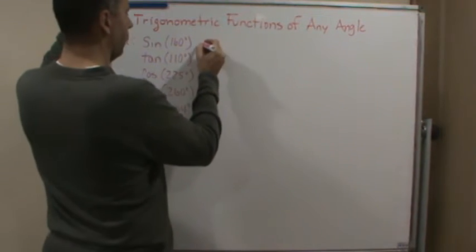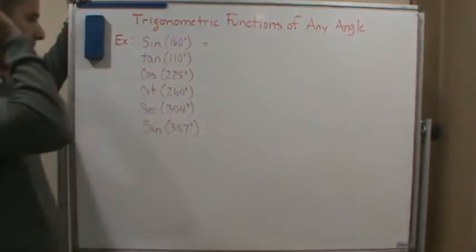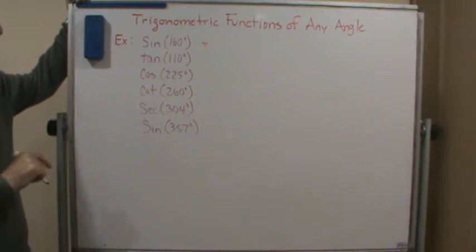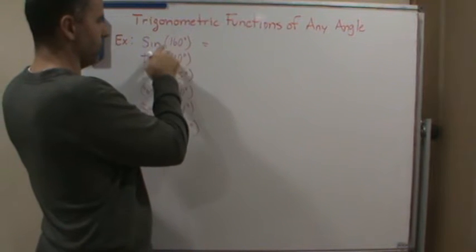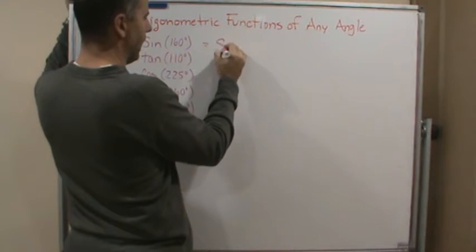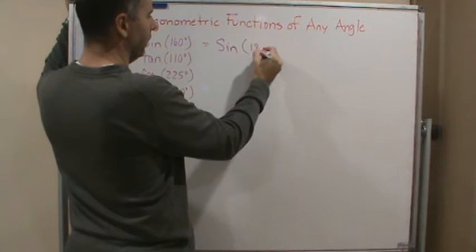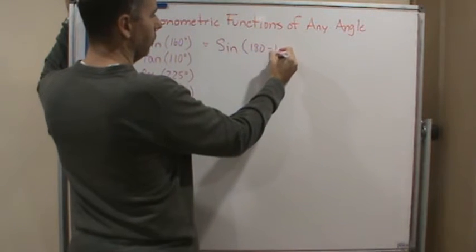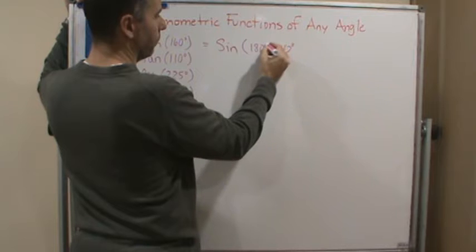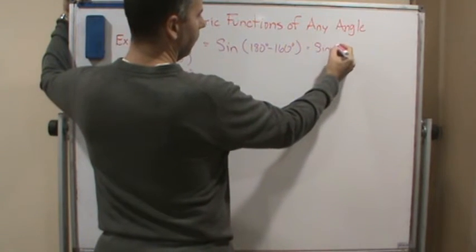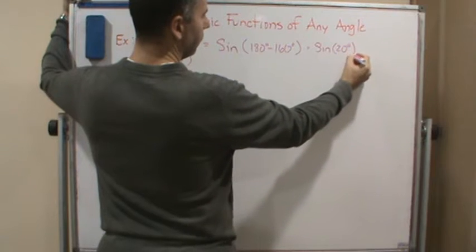We have to make sure it's positive, since sine is positive in the second quadrant. So this is going to be positive sine of 180 minus 160 to get our reference angle. In this case, it's sine of 20 degrees.